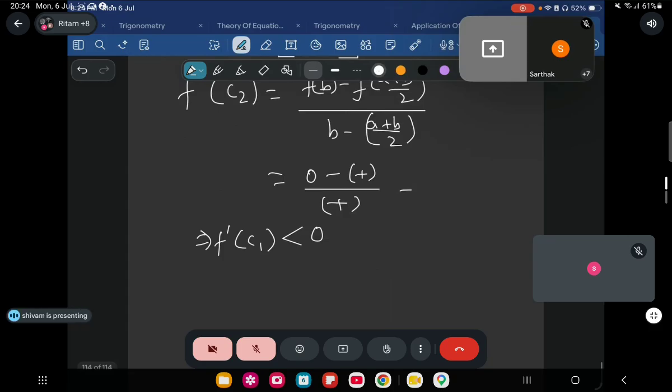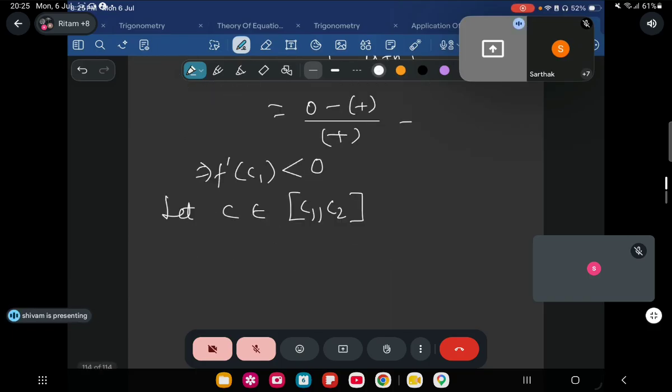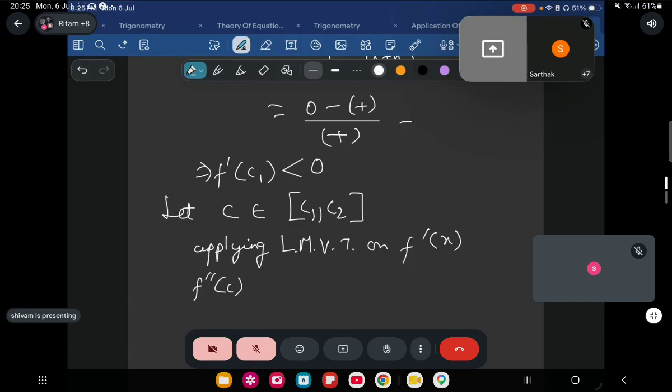Okay. So let there exist some c belongs to (c1, c2). Applying LMVT on f dash x, what do we get? f double dash c will be equal to [f dash c2 minus f dash c1] upon [c2 minus c1].